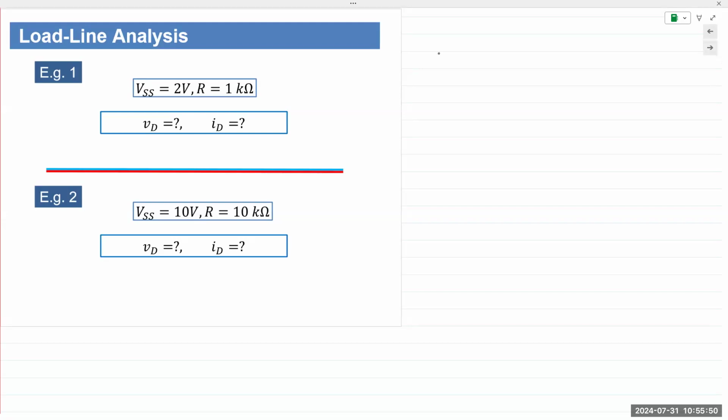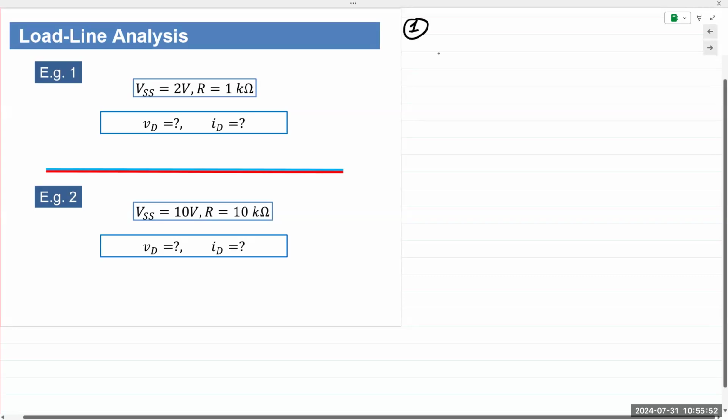So, for example 1, we have VD equal to 0 volts. We find from the equation VSS is ID times R plus VD.